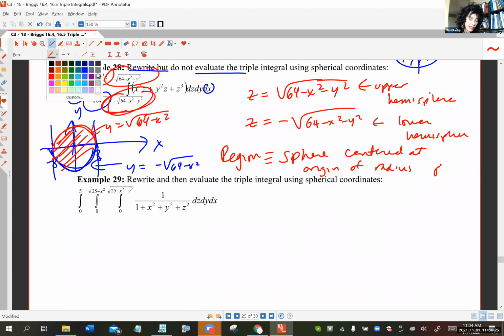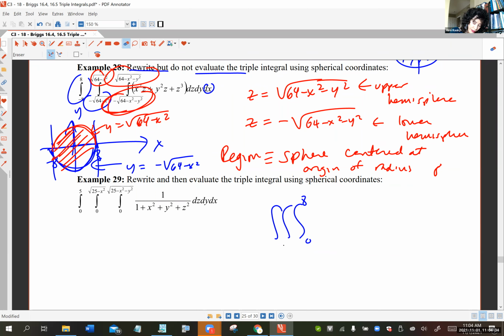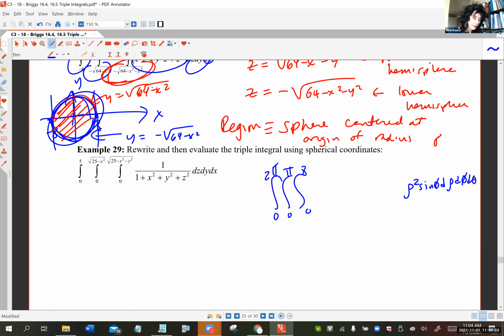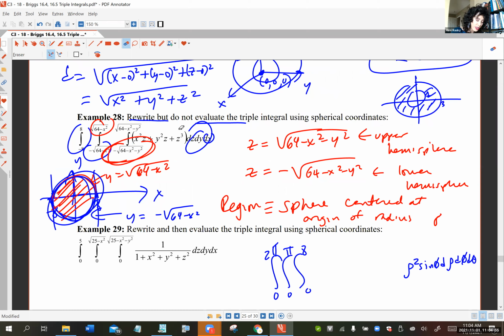Well, if you were asked to convert this to spherical, then your rho is going from 0 to 8, your phi is going from 0 to pi, and your theta is doing the full revolution in the xy plane, 0 to 2 pi. And then your volume element, of course, is going to be rho squared sine phi d rho d phi d theta. You just have to worry about how you are going to convert this integrand, which looks like a hot mess.